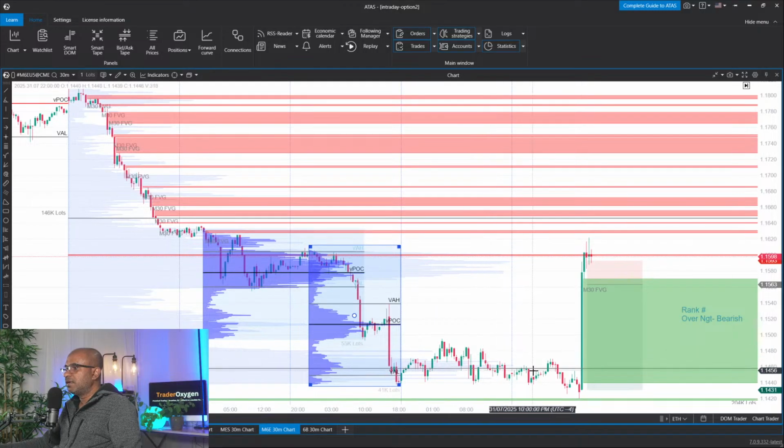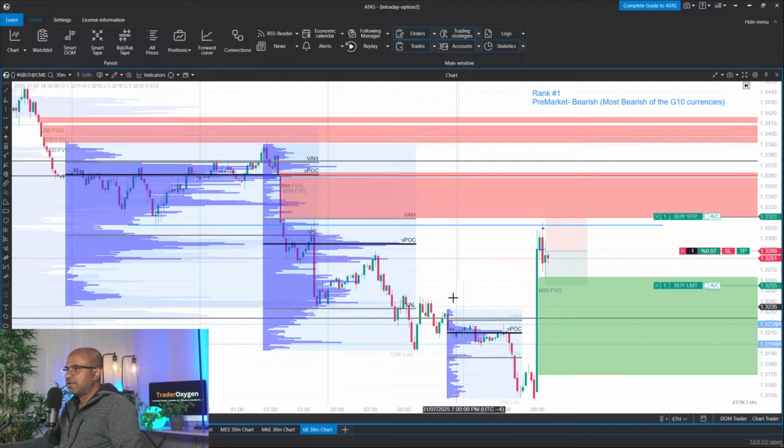Which tells us that though it's bearish, the bearish momentum is slow. Whereas if you look at the British pound futures, GBP futures, you can see the bearish momentum is strongly bearish.